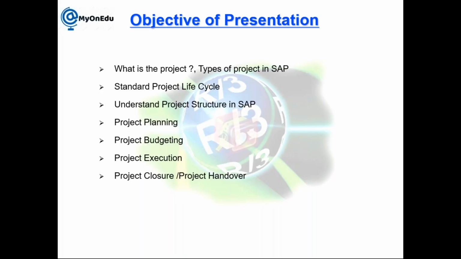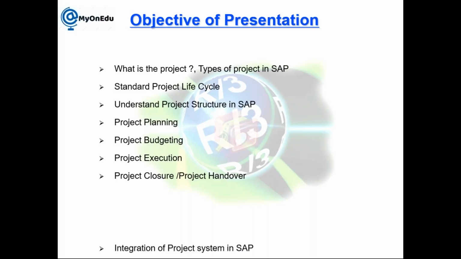Basically, this PPT explains the complete overview of project system and investment management. But in today's session, I'll just capture what a project and the types of projects in SAP are, and its standard project life cycle. Apart from that, we will directly move to investment management.